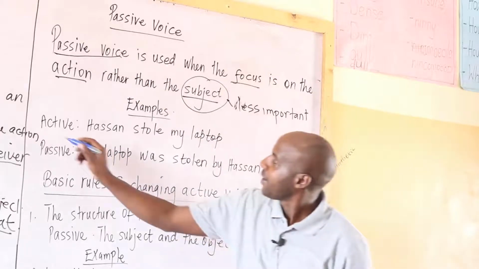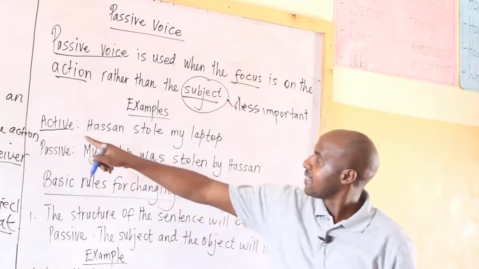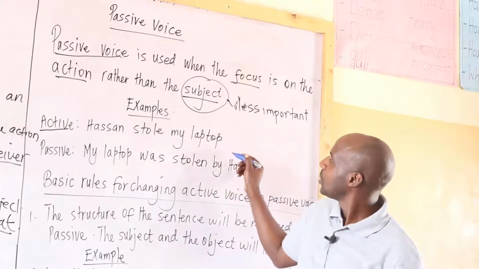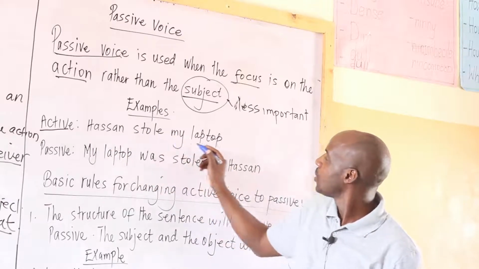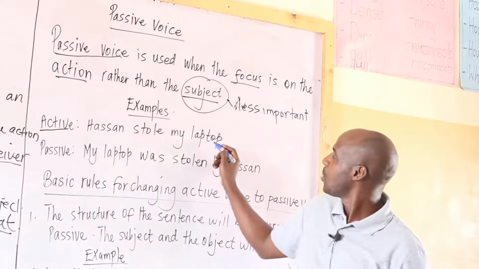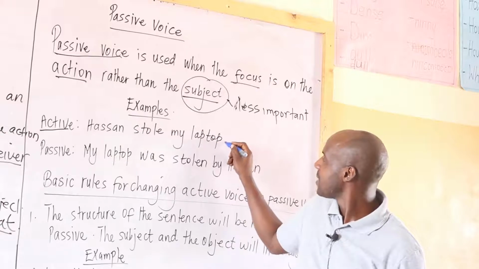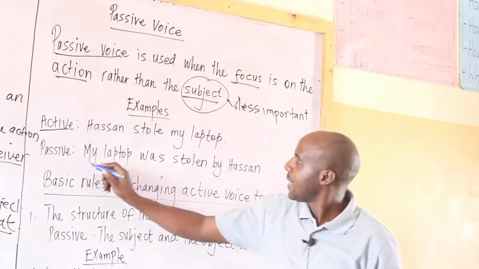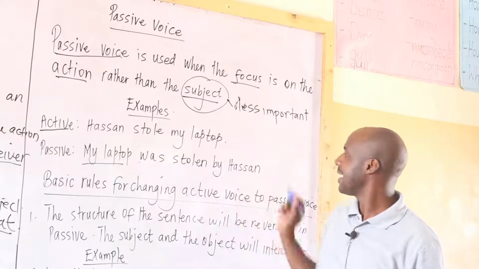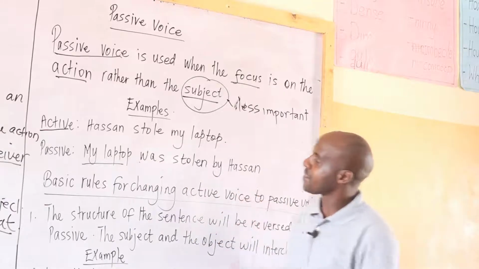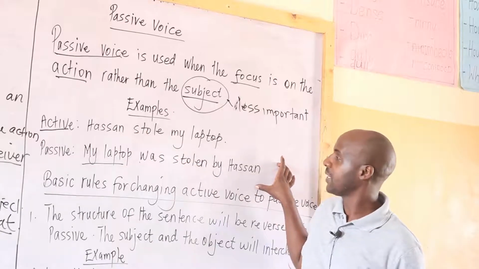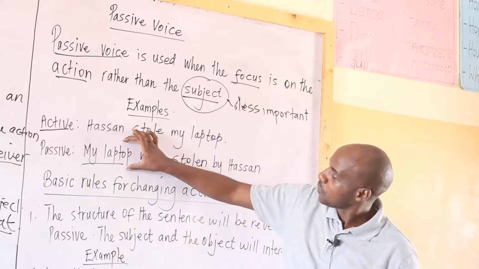For example, here there is a sentence in active voice. Hassan stole my laptop. Now to change this one into passive voice, you normally begin with the object. Say, my laptop was stolen by Hassan. So here the main focus is put on the object, not on the subject.